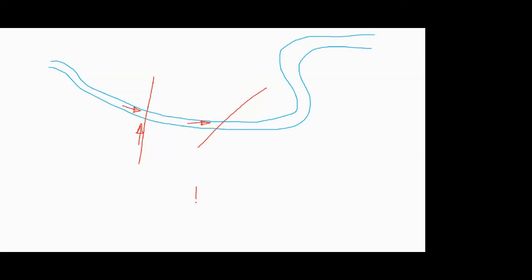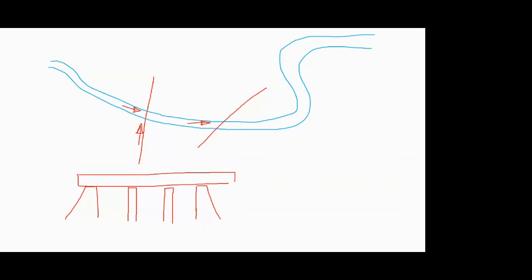If you see a bridge, you have a general abutment. These are the abutments, and in between you have piers for a bridge, and over that you have a deck slab. Now this is a very crude diagram that I am drawing.